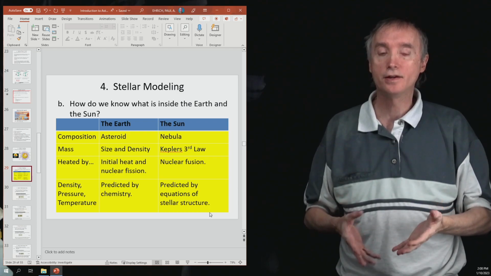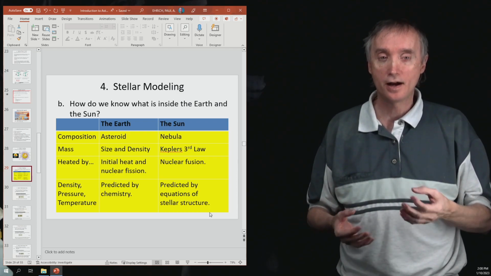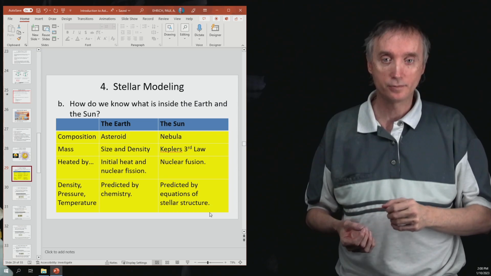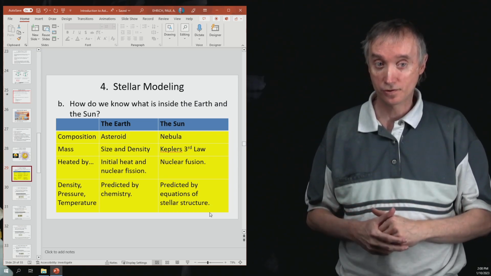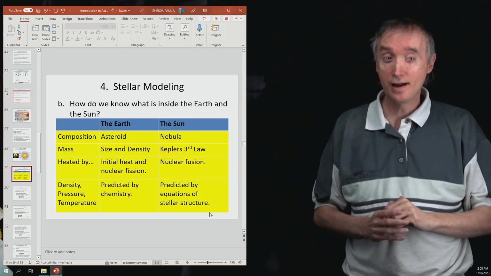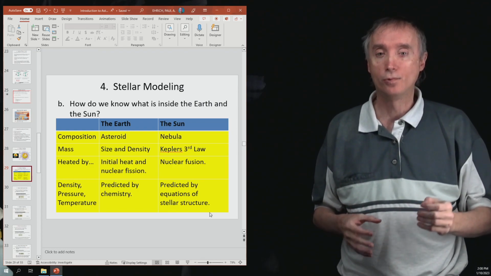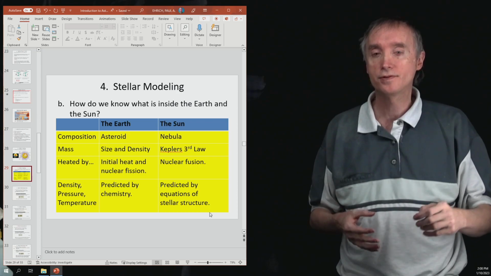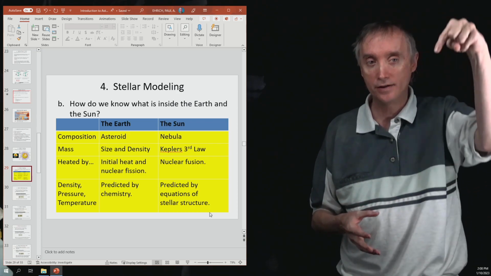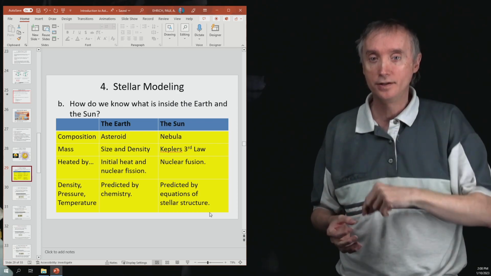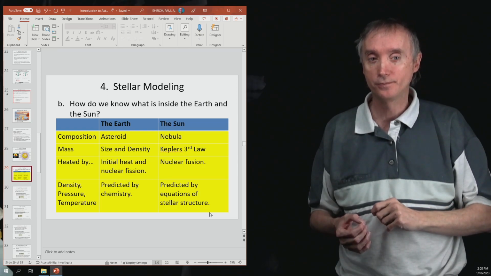All right, now the next thing is, what is heating up the sun? So we think it's nuclear fusion, hydrogen being converted into helium. So that's going to be the energy source for the sun. So now what we've got to figure out is, what's the pressure like, and what's the temperature like, and what's the density as you go deeper and deeper inside of the sun.